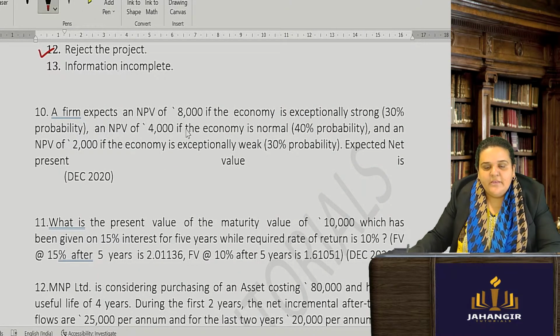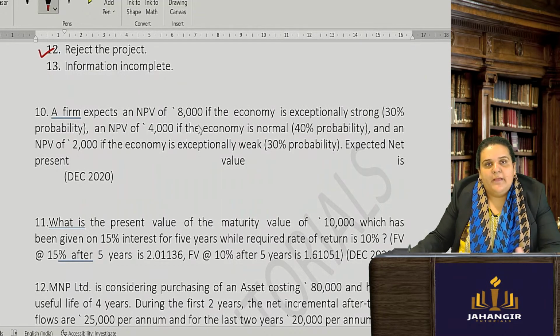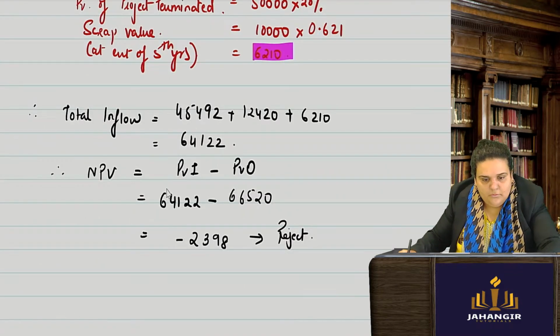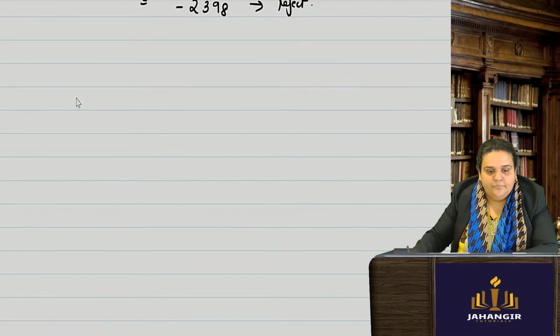Okay, now they have given you the expected NPV, but the probability is, if the economy is strong, 30%, 40% and again 30%. So, question number 10.